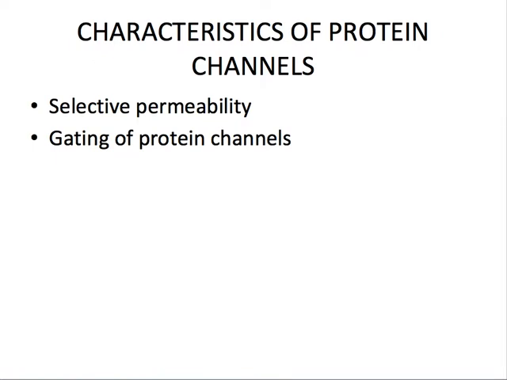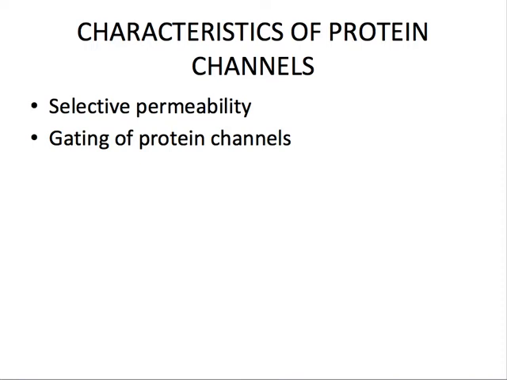Now, do these protein channels allow every kind of substance to pass through? No, because these protein channels have certain characteristics which determine which substance is going to pass through the membrane and which is going to be hindered.